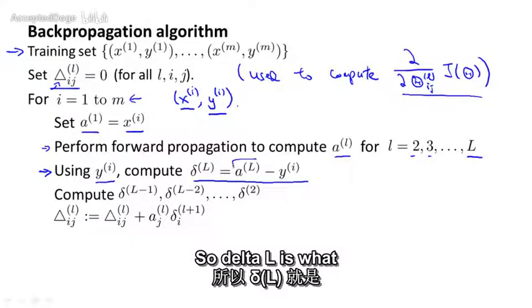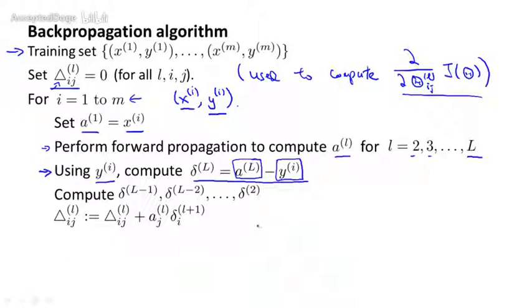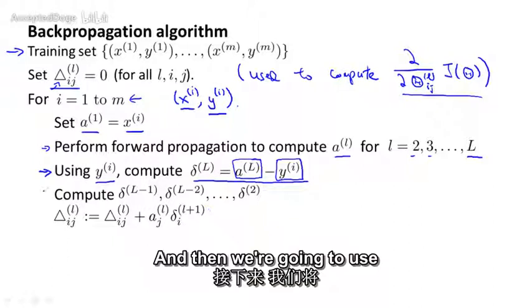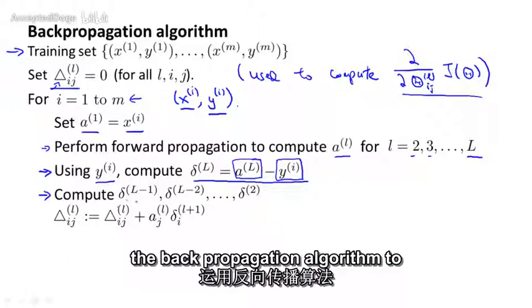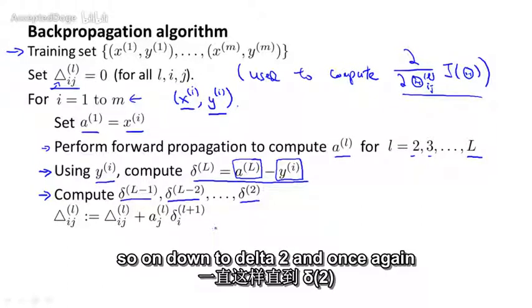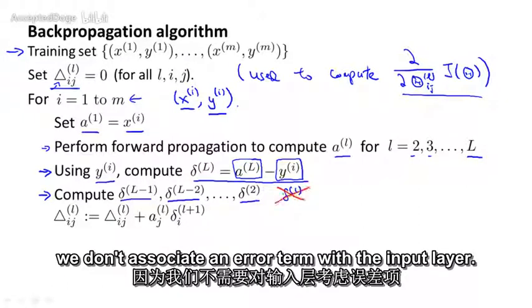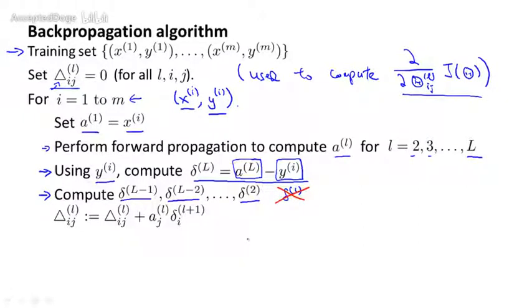So delta L is what the hypothesis output minus what the target label was. Then we use the backpropagation algorithm to compute delta L minus 1, delta L minus 2, and so on down to delta 2. Once again, there is no delta 1 because we don't associate an error term with the input layer.